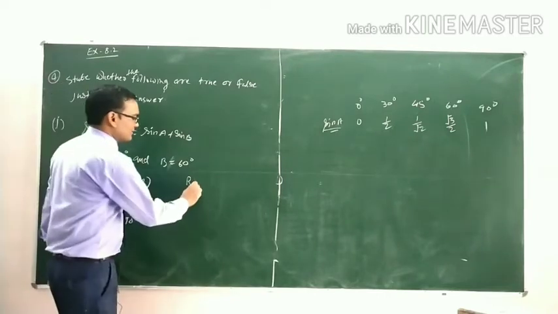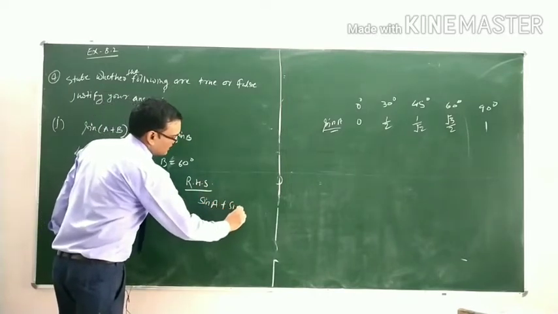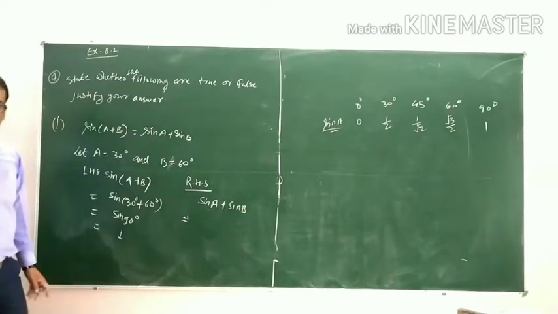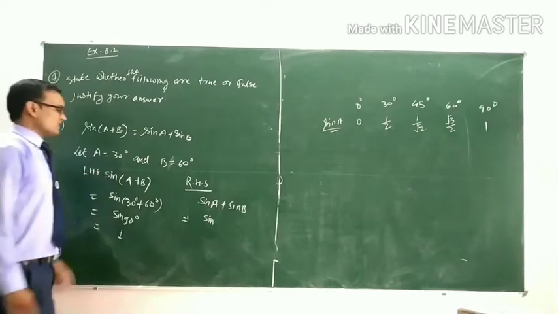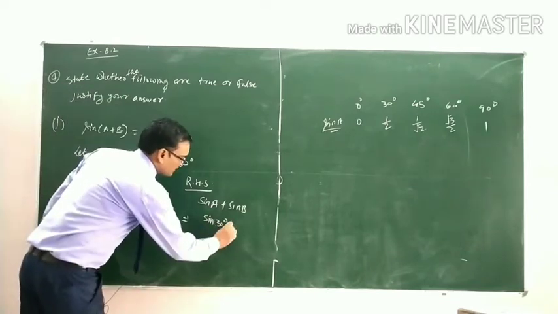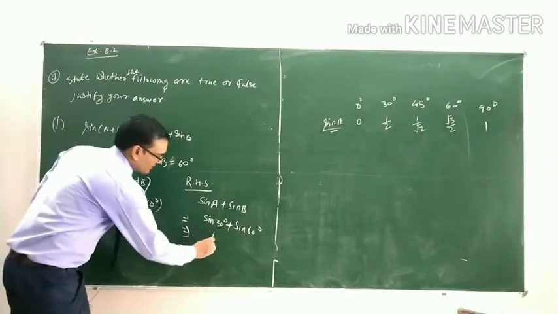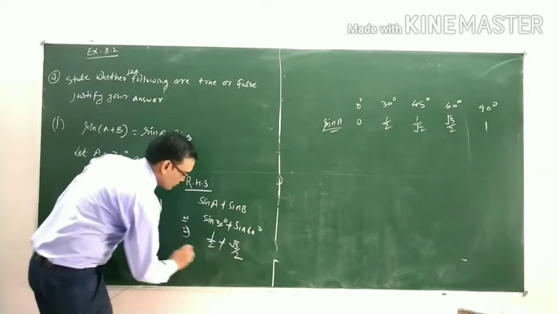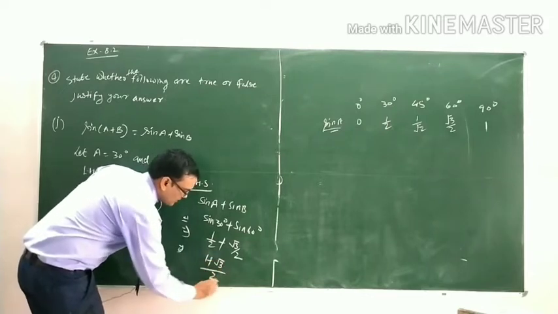And right hand side, sin A plus sin B. We put the same value for A and B. A is 30 degree, sin 30 plus sin 60. The value of sin 30 is 1 by 2, and the value of sin 60 is square root 3 by 2. This gives the result 1 plus square root 3 by 2.